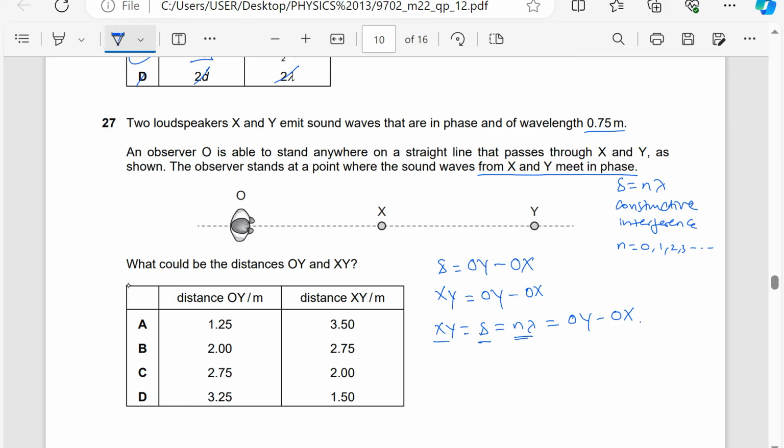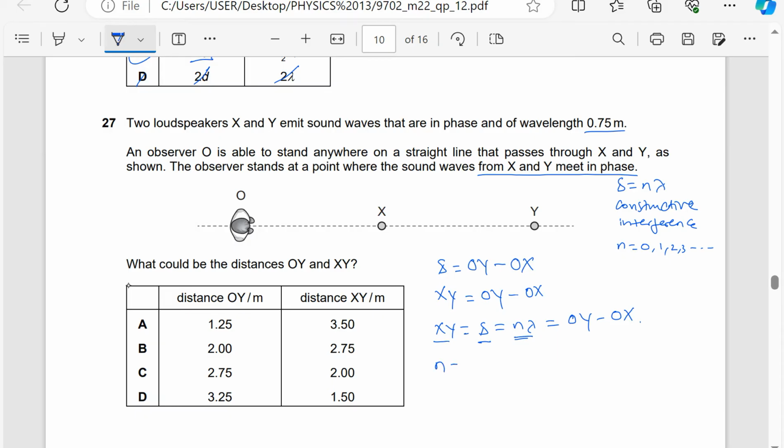Okay, so I am just going to make n the subject and check if n is a whole number, then that is constructive interference. So I'm just going to check XY alone.